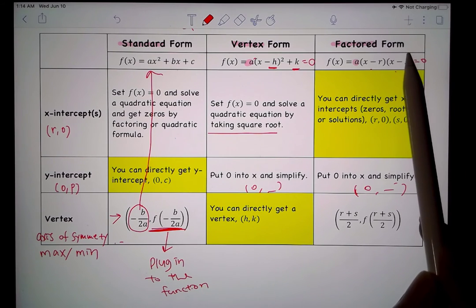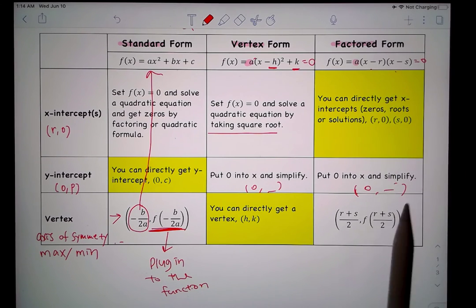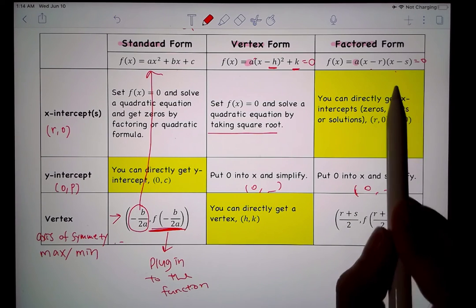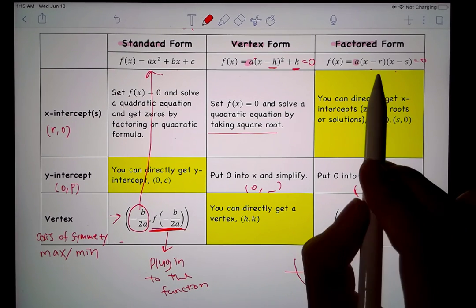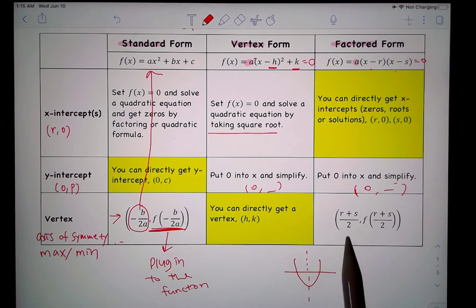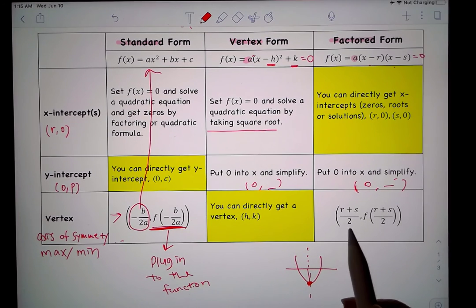And then factored form. When you get factored form, we are getting the midpoint of the zeros, because your vertex will be in the middle. So your zeros, which are r and s, you add and divide by 2. So we are getting the midpoint of that. Once you get this point, you put it back.